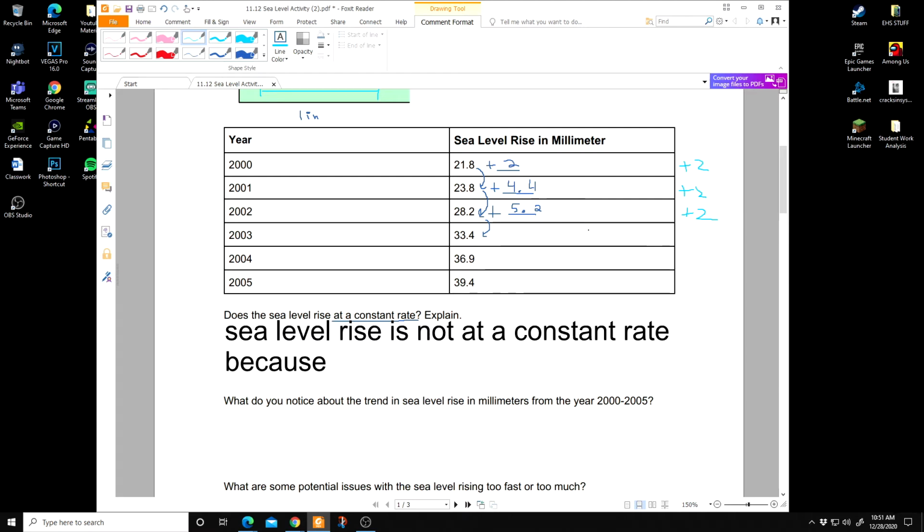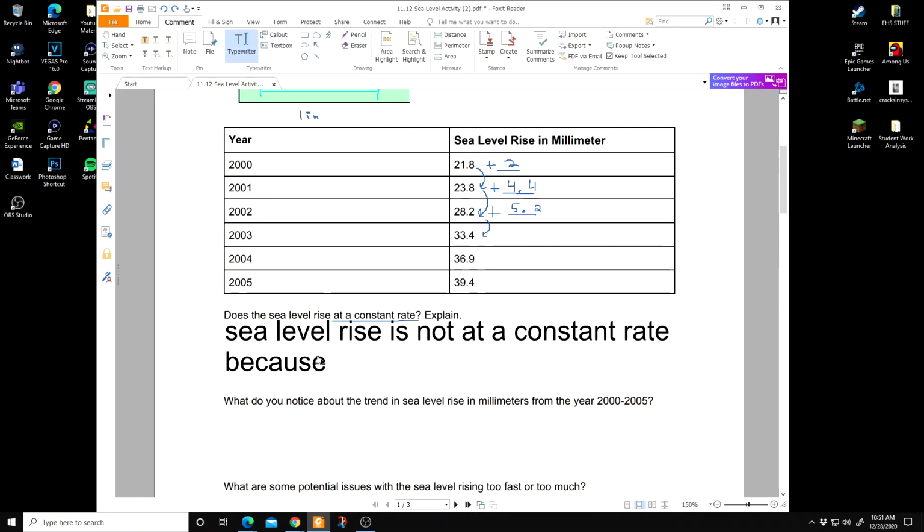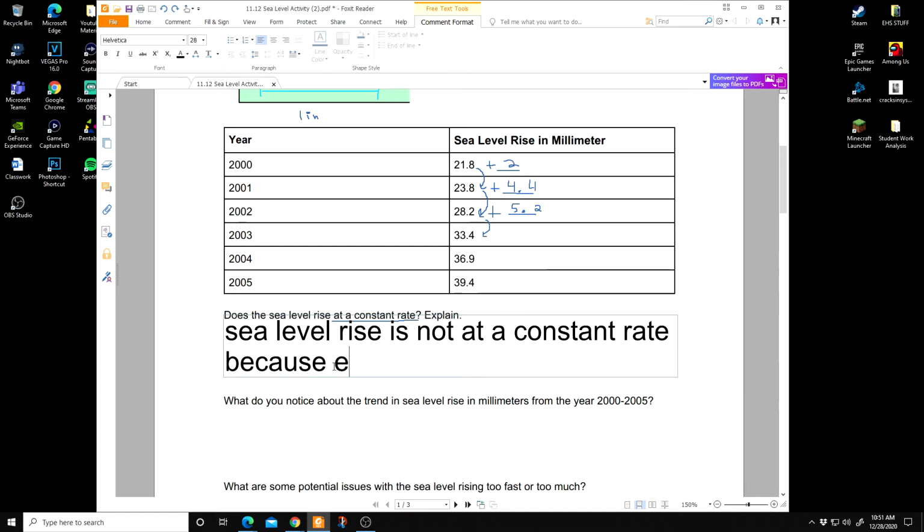Every time you go down, it should be adding by 2. That would be a constant rate. But in this case, it is not a constant rate because every row is adding a different number.